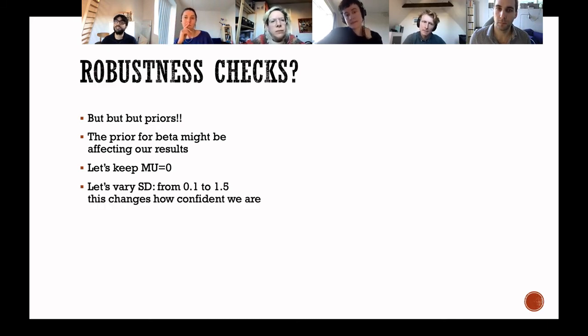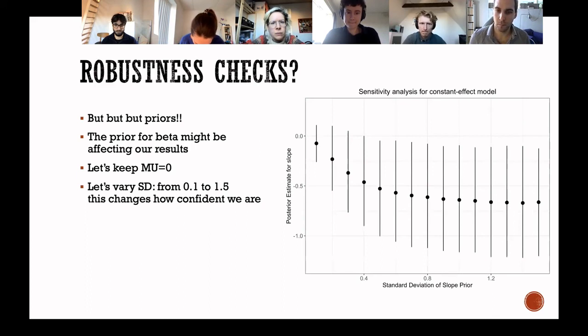But we can vary the standard deviation systematically from 0.1 all the way up to 1.5 and see how the posterior estimate changes. Right, and we can see that where we are at 0.3 is the third, right? We are not in a stable region.